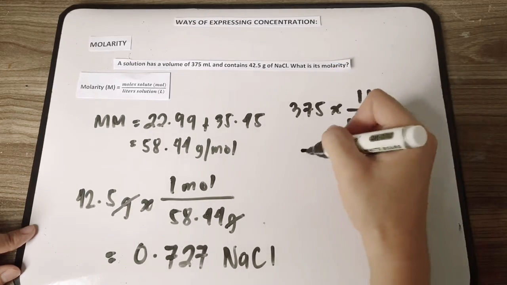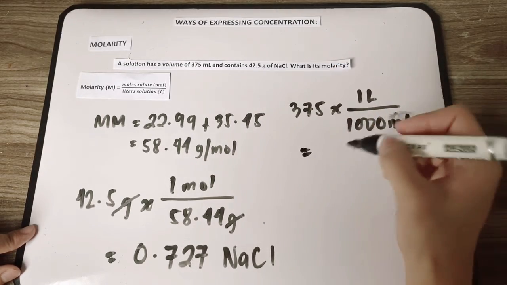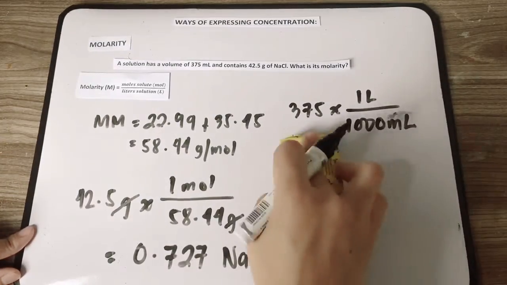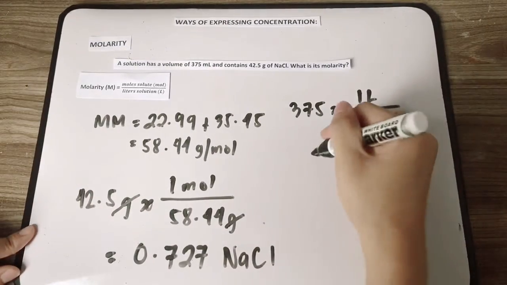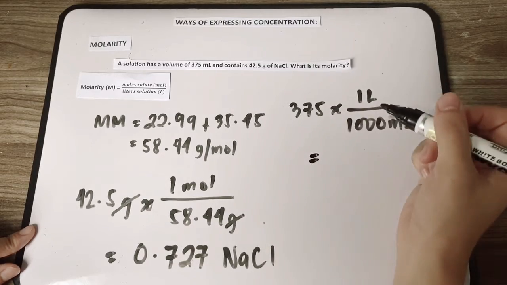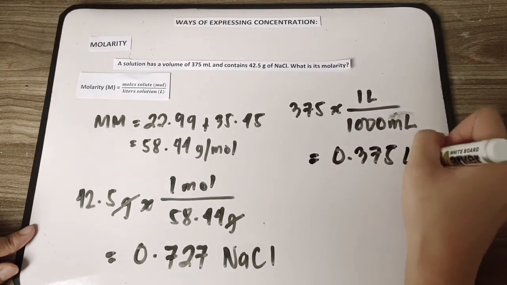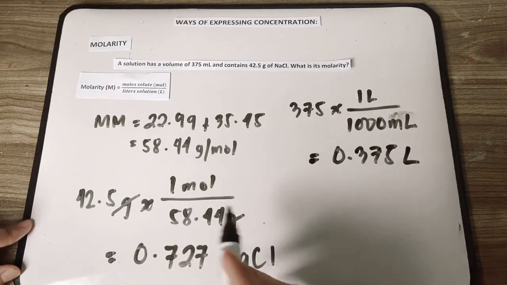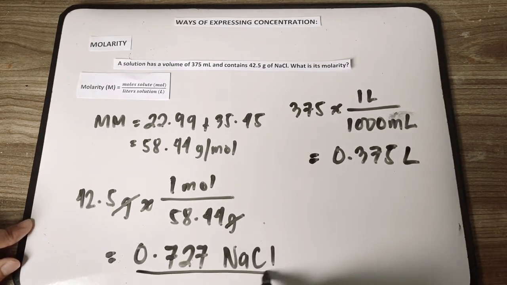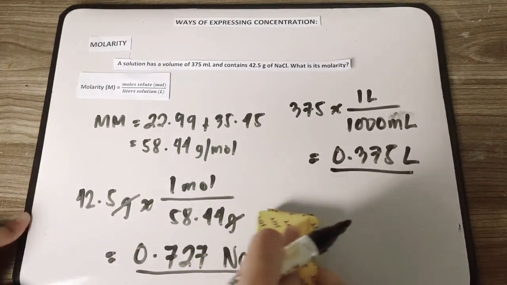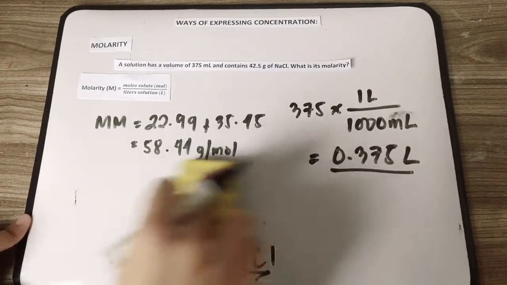And that will give us 0.375 liters. So again, 0.375 liters. So now that we have our solute and solution, we're now going to solve for our molarity.